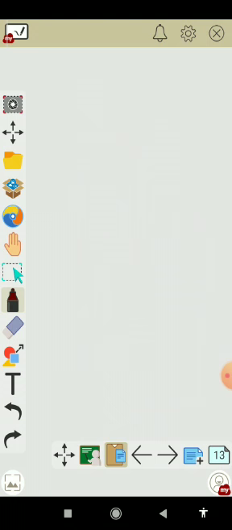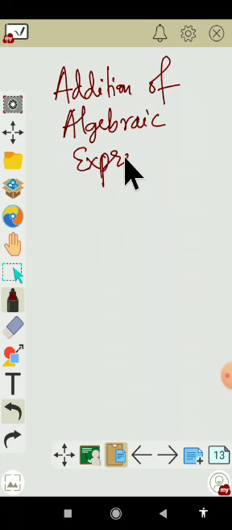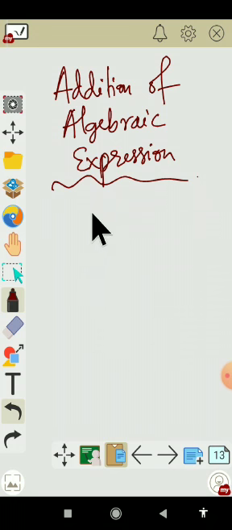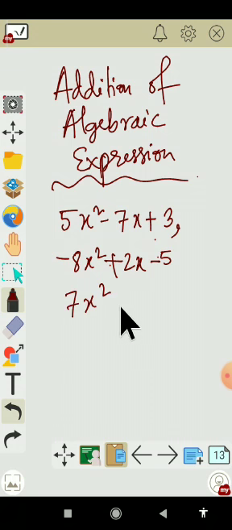So now we will check the addition of algebraic expressions. Suppose 5x square minus 7x plus 3 and minus 8x square plus 2x minus 5. Another one is 7x square minus x minus 2.